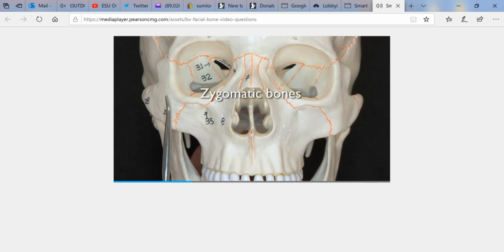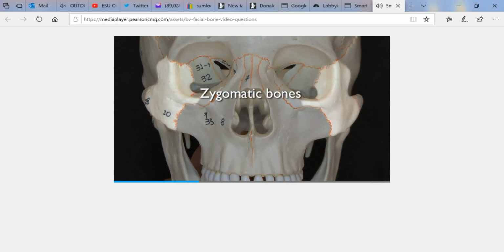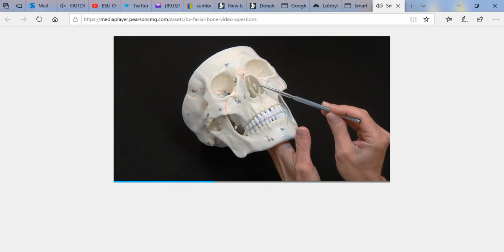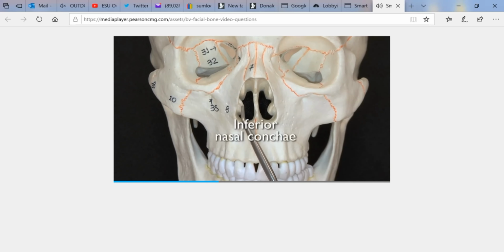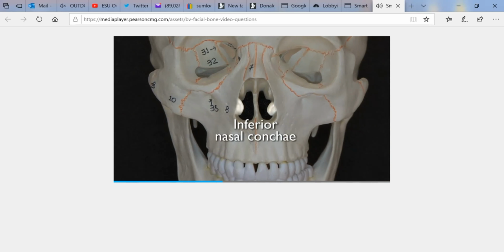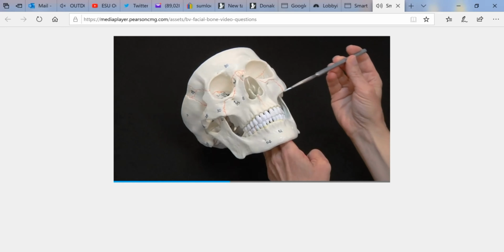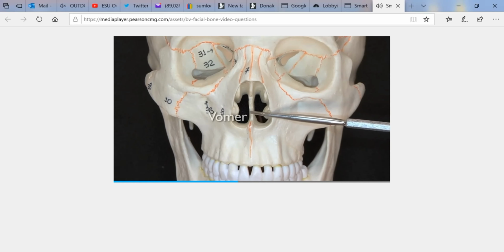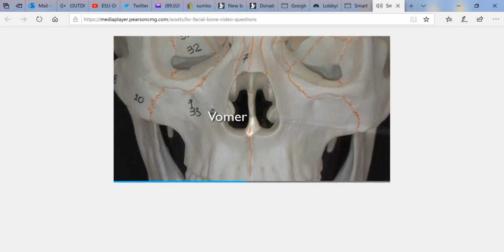The zygomatic bones are known as the cheekbones. The inferior nasal conchae are individual bones that can be seen projecting into the nasal cavity. The vomer also projects into the nasal cavity. The vomer is a single bone that forms the inferior portion of the nasal septum.